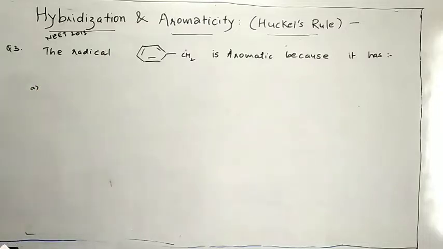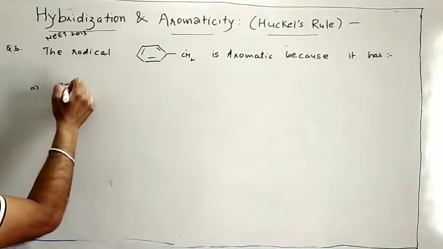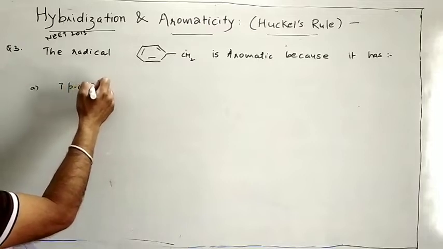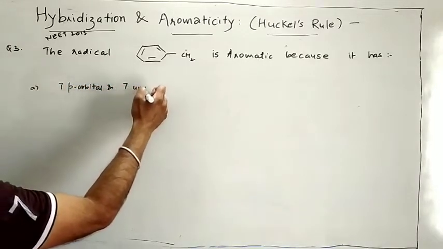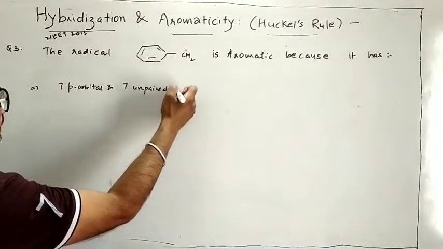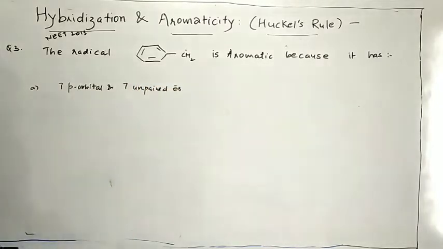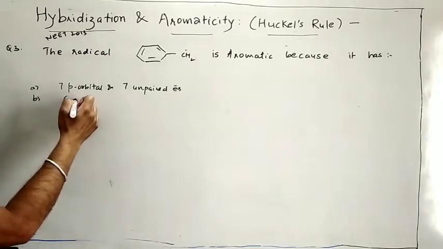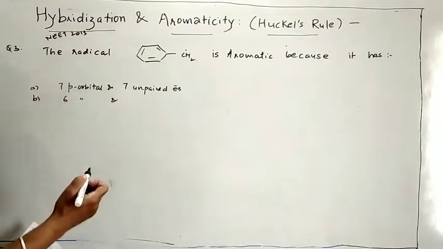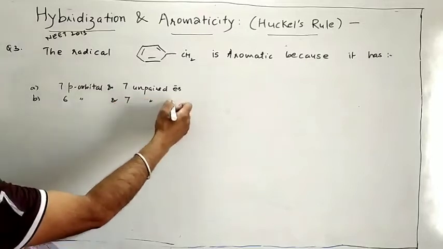A is 7 p orbitals and 7 unpaired electrons. Option B, 6 p orbitals and 7 unpaired electrons.